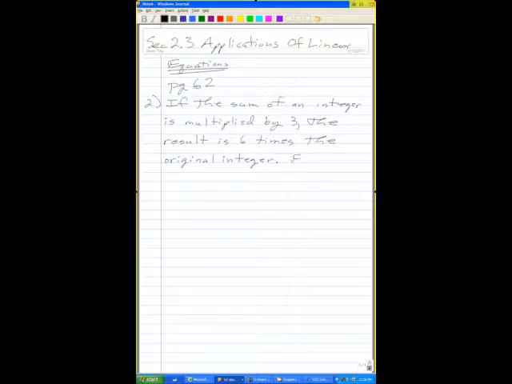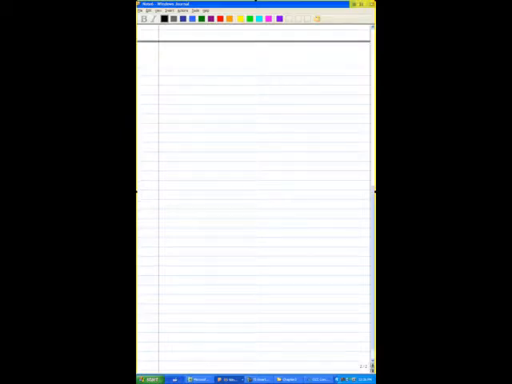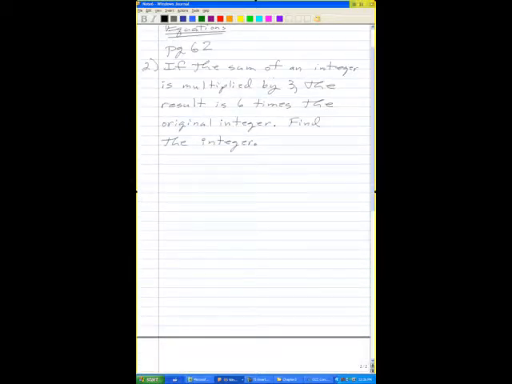Find the integer. Okay, so if the sum of an integer and 7 is multiplied by 3, the result is 6 times the original integer.